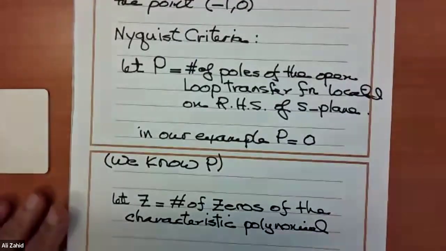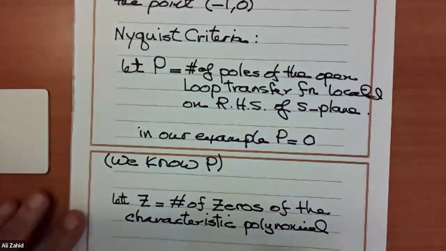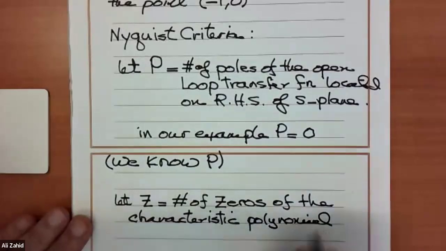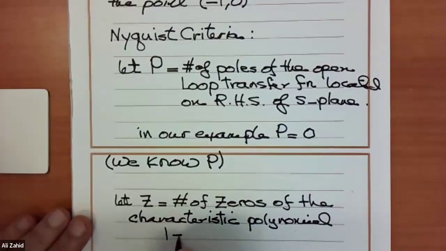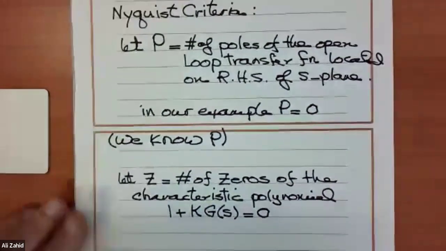The number of zeros of the characteristic polynomial. What is the characteristic polynomial? 1 plus k g of s equal to 0. Are you following me?